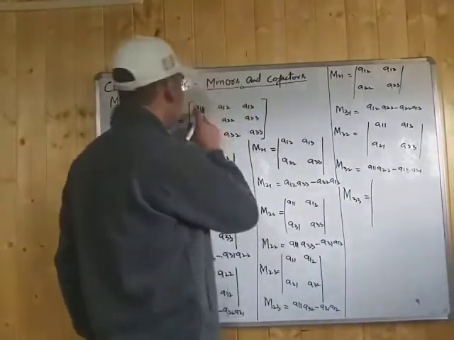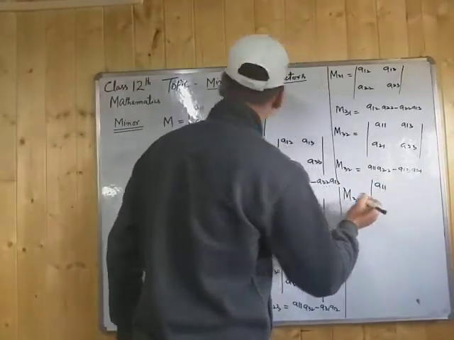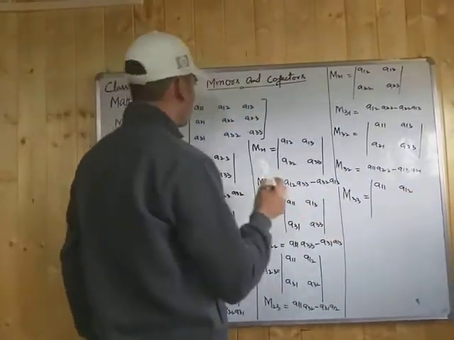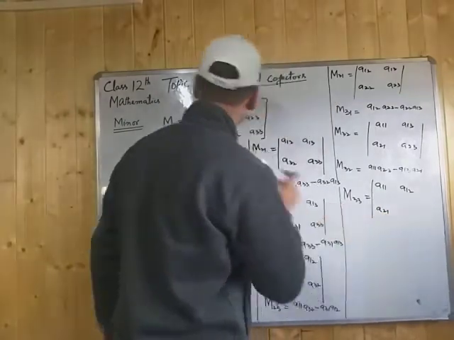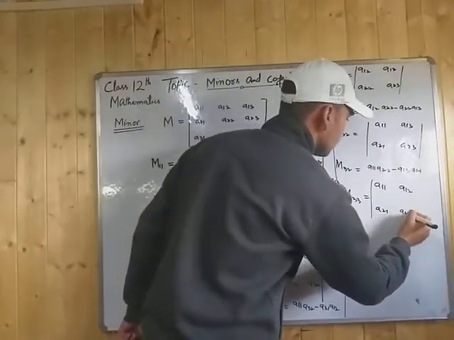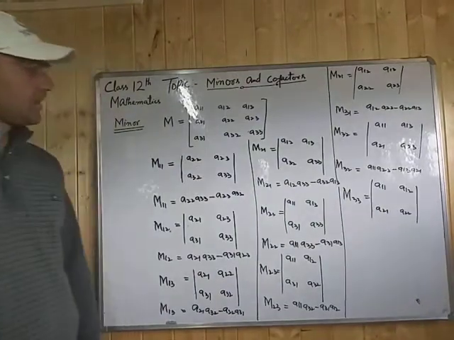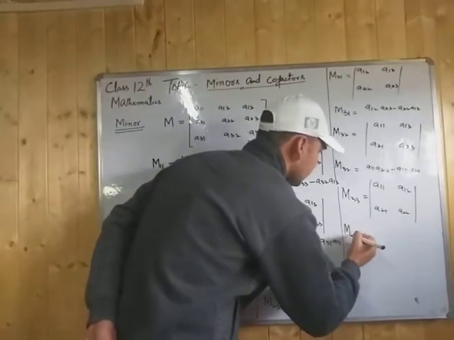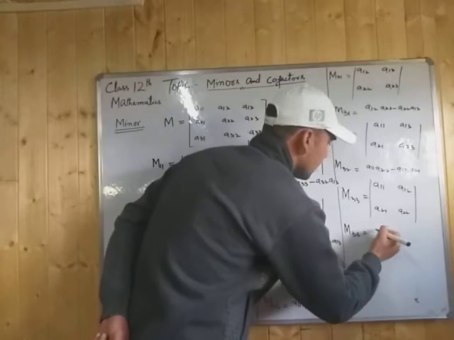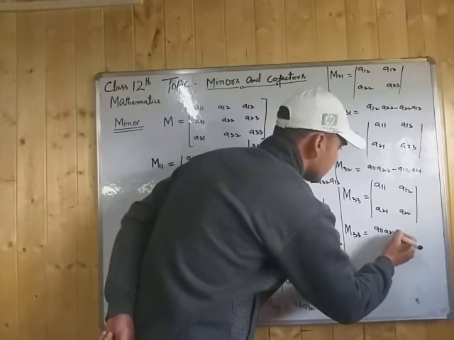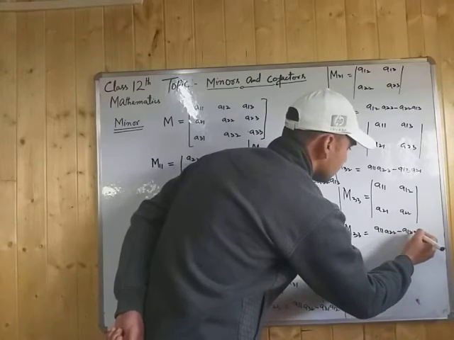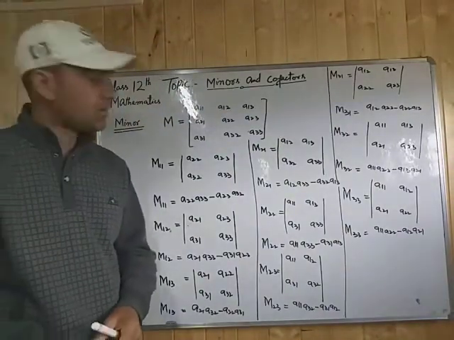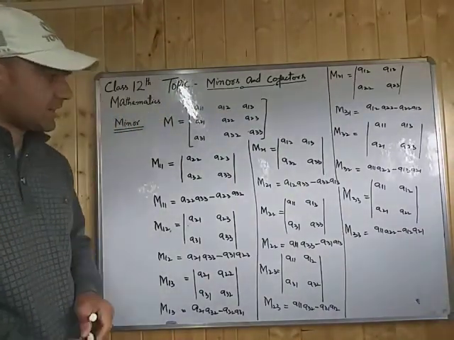So this will be A11, A12, and here it is A21 and A22. तो इसको भी अगर हम एक्सपेंड करेंगे so it will be A11 A22 minus A12 into A21. So these are the 9 minors of this matrix.